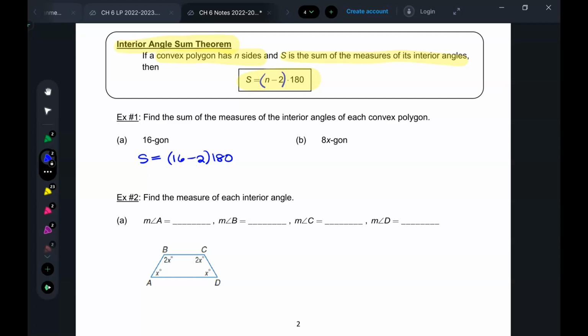Remember that whole table we did above? What was the relationship between the number of sides and the number of triangles? There were 2 less. Less. Okay. What do we get when we multiply 14 times 180? 2,520. Good.